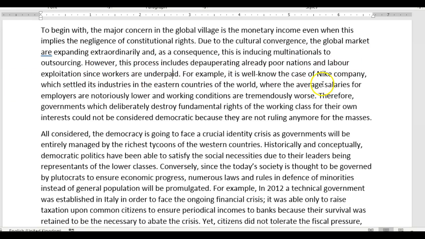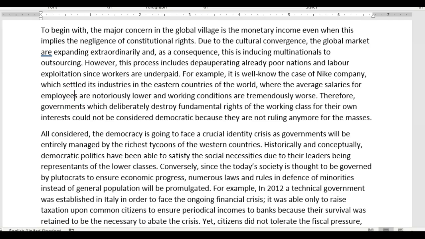For example, it is well known the case of Nike company, which settled its industries in the eastern countries of the world. I would rephrase this in the eastern countries. You don't need of the world, or in Southeast Asian countries, something like this. With the average salaries for employers, not employers, for employees.